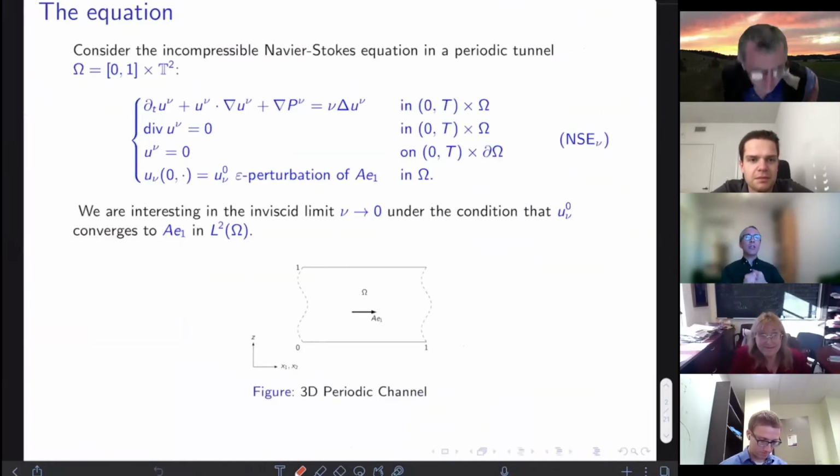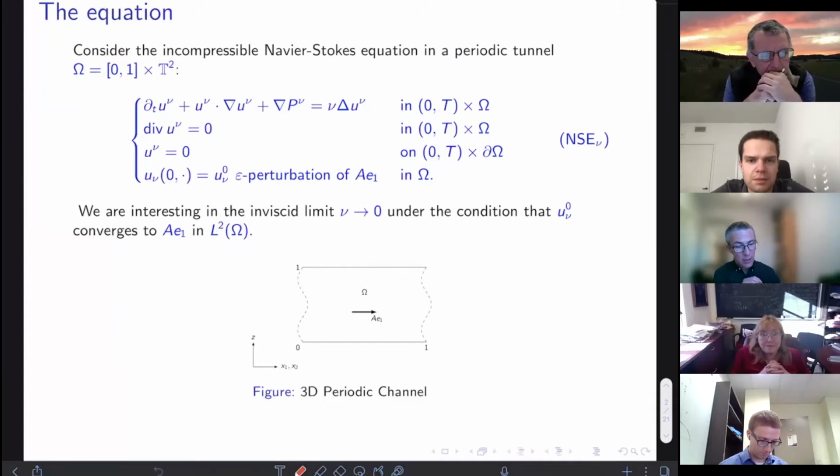This is the equation, and that's what I want to talk about. It is an incompressible Navier-Stokes equation in a periodic channel.